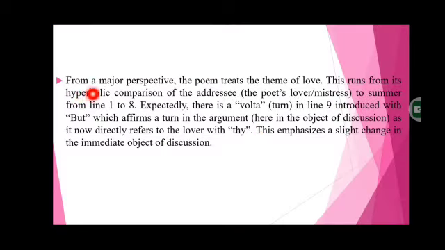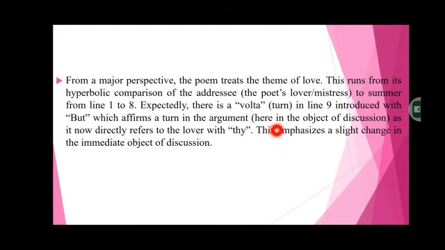From a major perspective, the poem treats the theme of love. This runs from its hyperbolic comparison of the addressee, the poet's lover, to summer from line 1 to 8. Expectedly, there is a volta, that is a turn, a shift, in line 9, introduced with but, which affirms a turn in the argument.